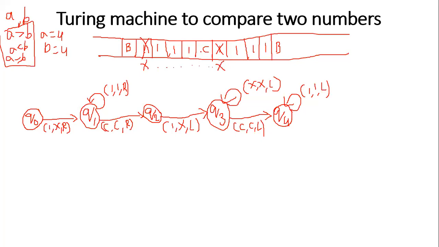Just keep moving to the left side until you find the next x. Replace the next 1 with x, and keep moving to the right side to find the next matching one. What symbols will you get after C before you find the next one?